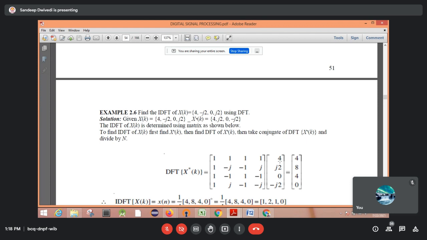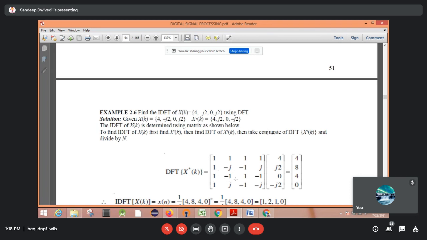See here, whatever matrix complex conjugate you are getting, you can write that transpose also. Both the methods are the same. Or you can remember the 4-point DFT matrix.